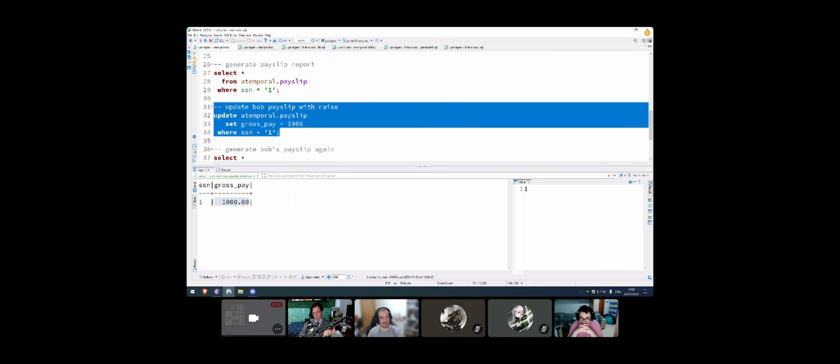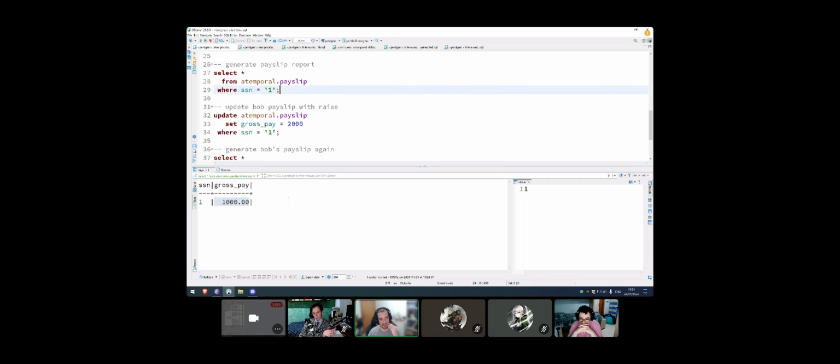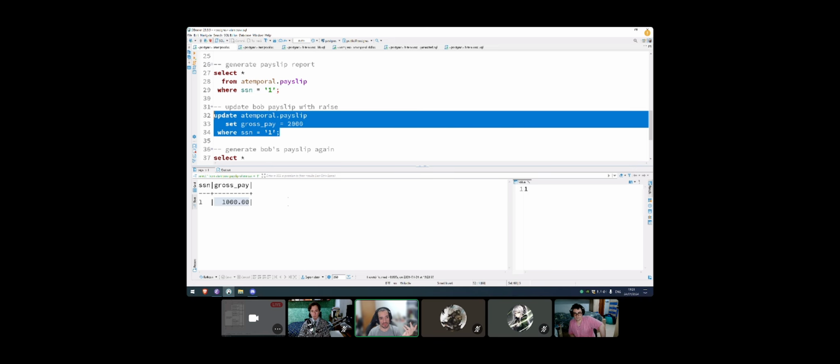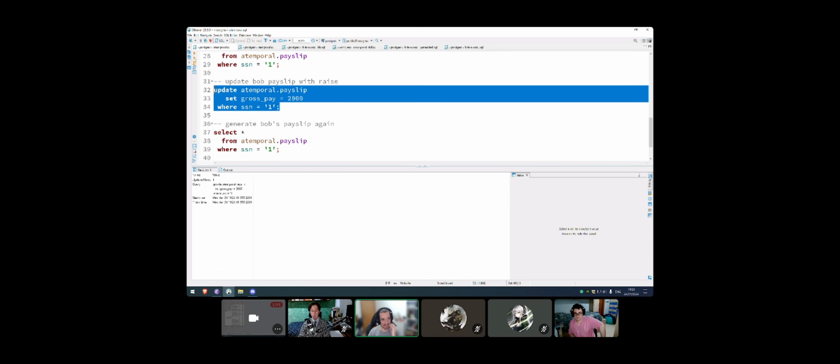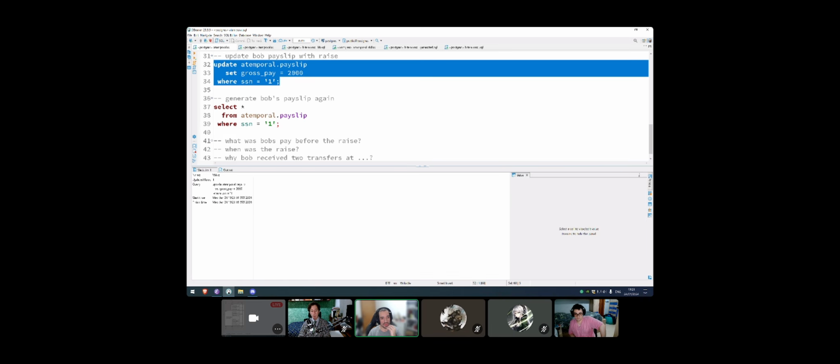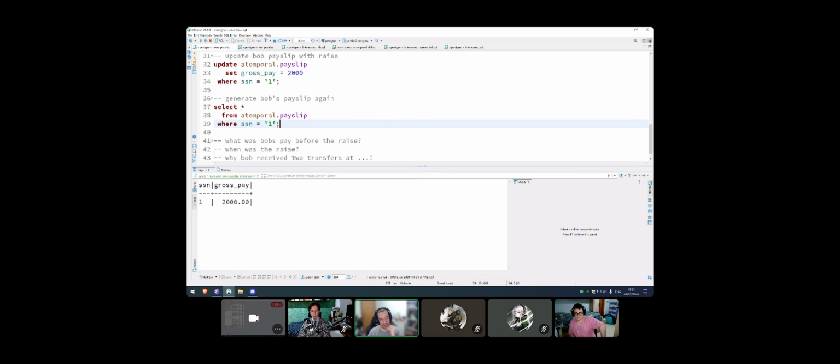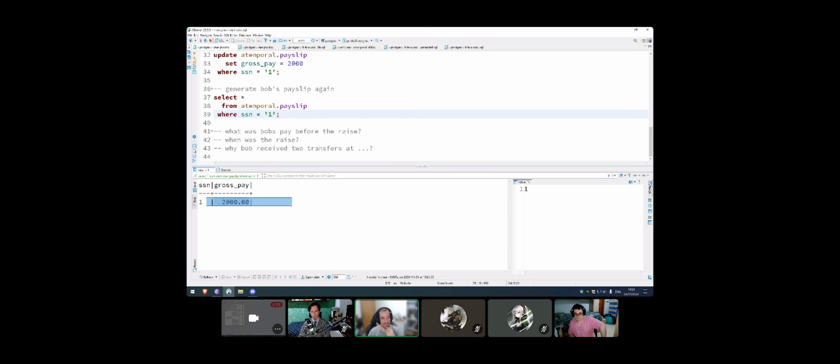And then comes the time for the second time the payslip is being generated, when it's actually wrong, right? What we have to do is update the payslip, the gross pay in this case. In this model, now okay, it's 200, everyone's happy.